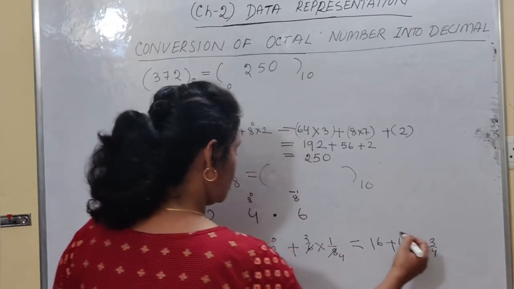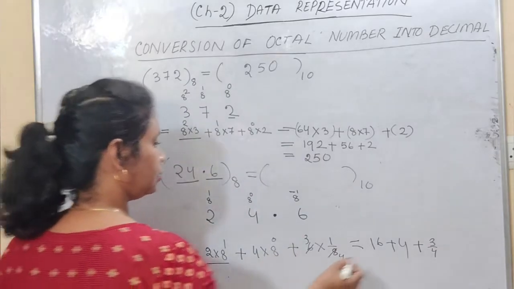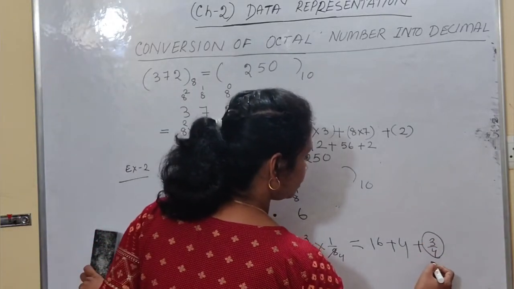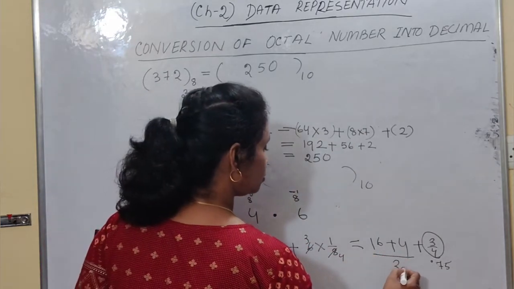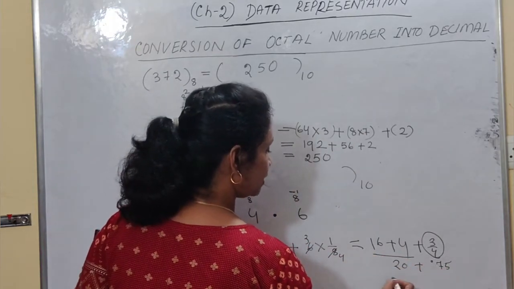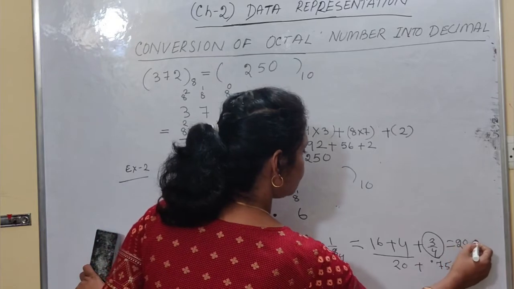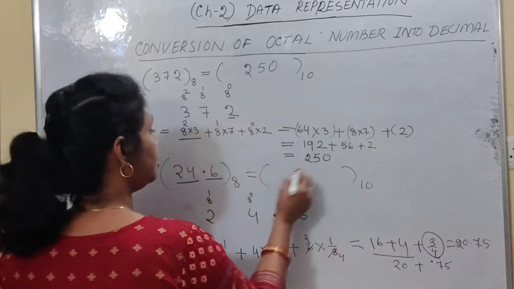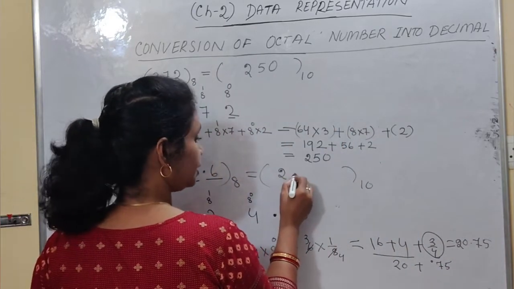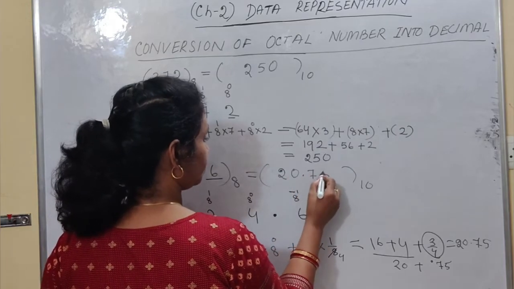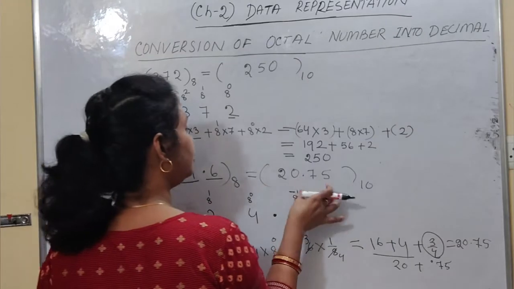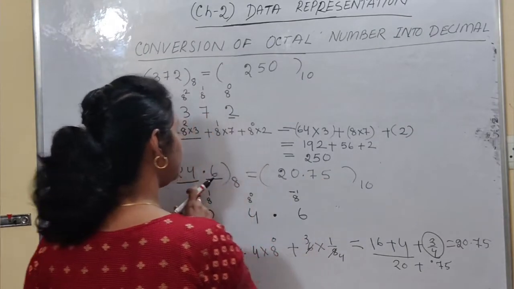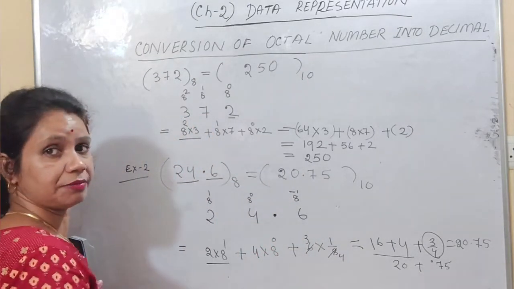Is not it? So 3 by 4, you can just divide this. When you divide, then you will get 0.75. So here 16 plus 4, that is 20, 20 plus 0.75. Now your answer is 20.75. So this is your decimal representation, that is 20.75. So this is your octal representation, and the equivalent decimal representation of this particular octal number is 20.75.